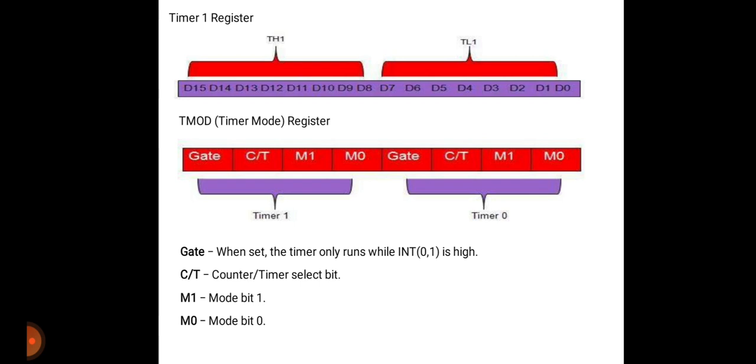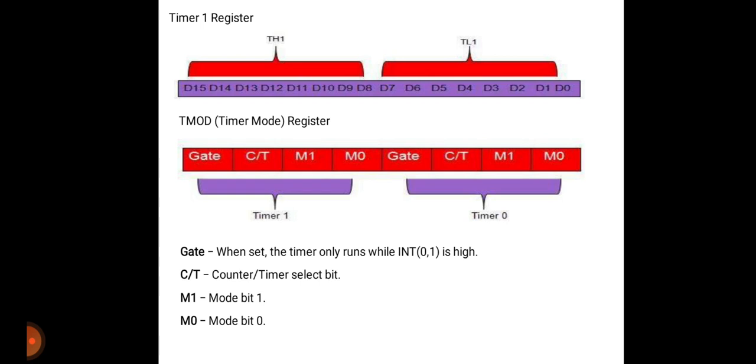The register is divided into two parts: timer 0 has the bits M0, M1, CT and GATE, and timer 1 has the same bits, M0, M1, CT and GATE. So what is the gate? Gate is set when the timer only runs while INT, the interrupt pin, is 0 or 1, meaning it is high.